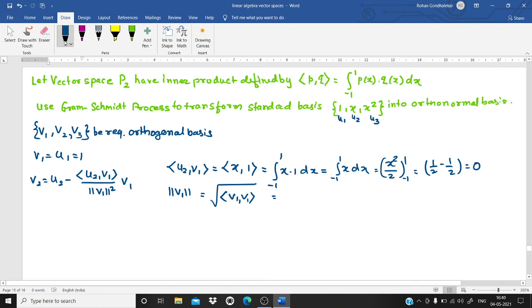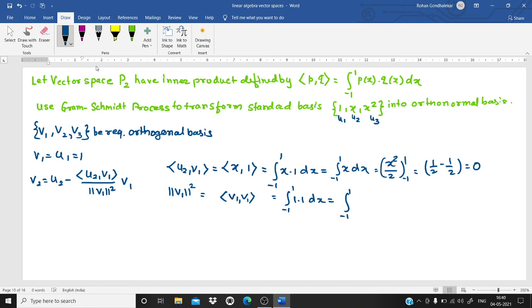But here we want norm V1 square, hence we delete this square root and take a square. So inner product of V1 with V1 is integration from minus 1 to 1 of 1 into 1 dx, which is x, limits from minus 1 to plus 1, which is 2. Therefore V2 is equal to x minus 0 upon 2 into V1, that is 1. So V2 is x itself.